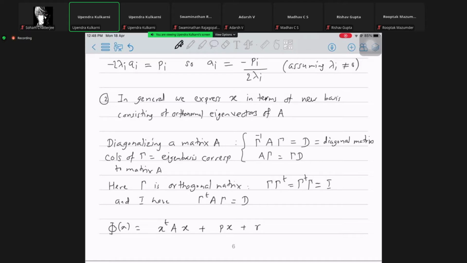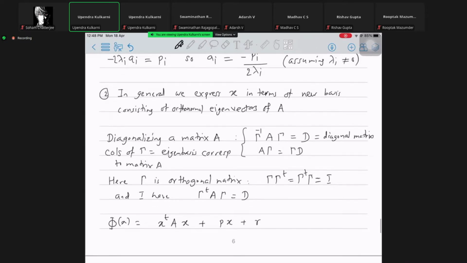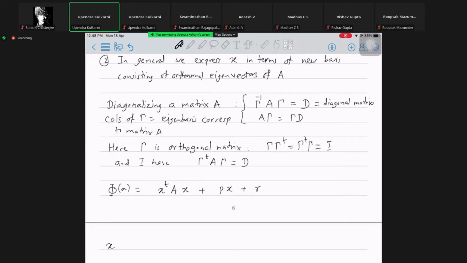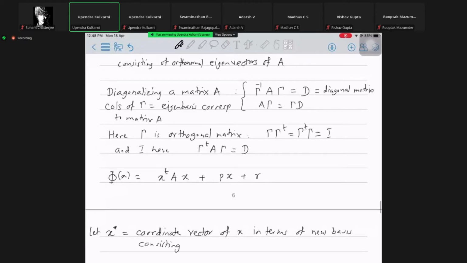Question: what will be the coordinates of X when I express them in terms of the eigenbasis? So let X star be the coordinate vector of X in terms of the new basis consisting of the columns of gamma.